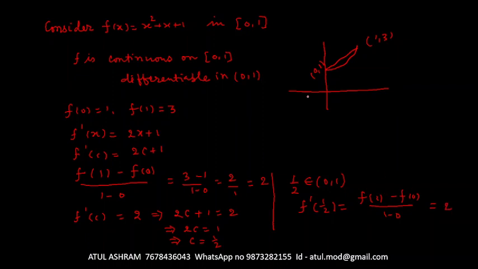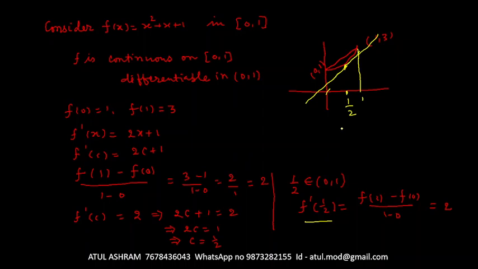We can understand by the graph also. This is 0 and this is 1. There is the point 1 by 2. At this point, the tangent is parallel to the secant. That's the meaning: f'(1/2) is the slope of the tangent drawn at x equal to 1 by 2.